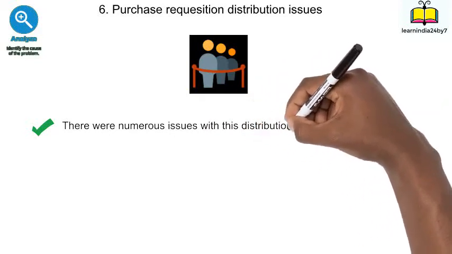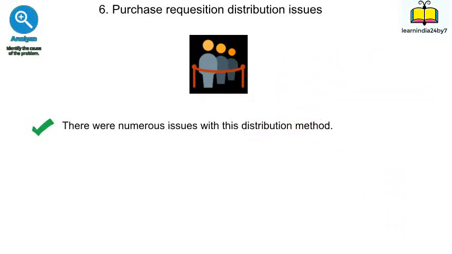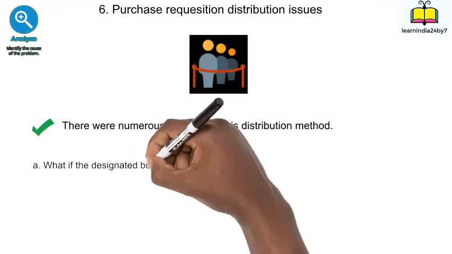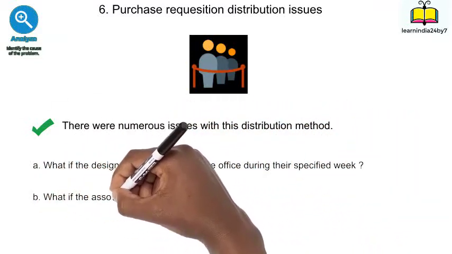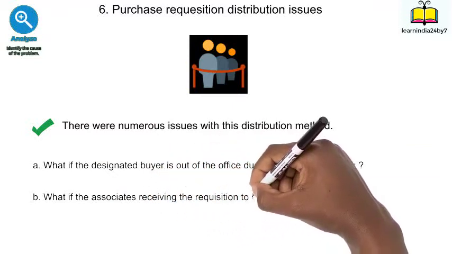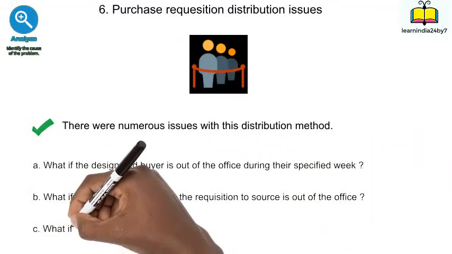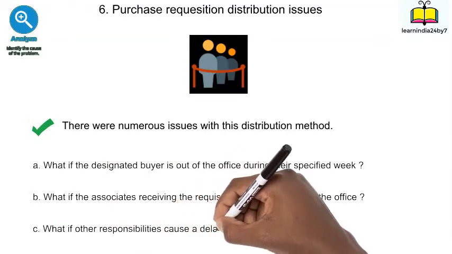There were various issues with this distribution method. What if the designated buyer is out of office during their specified week? What if the associate receiving the requisition to source is out of office?